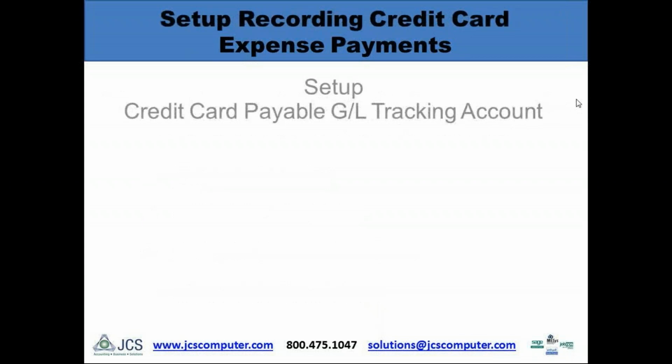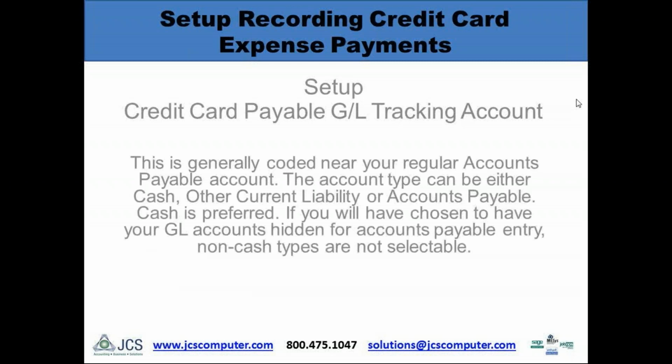First thing we need to do, since we're going to be tracking things using a special credit card payable tracking account, is that we need to set that up. In order to set up that tracking account, we can put it someplace in our chart of accounts, usually close to our accounts payable account, and we give it an account type of either cash, other current liability, or even accounts payable.